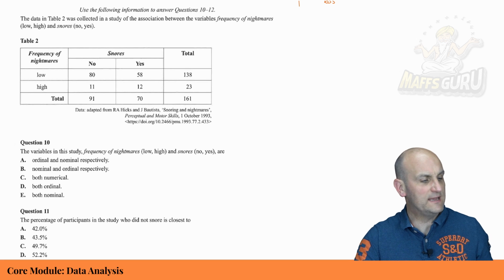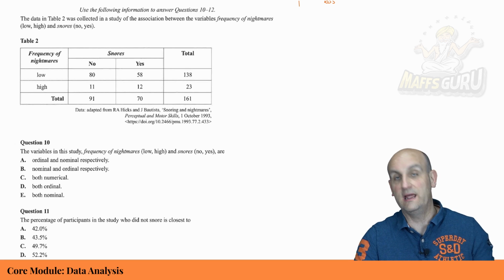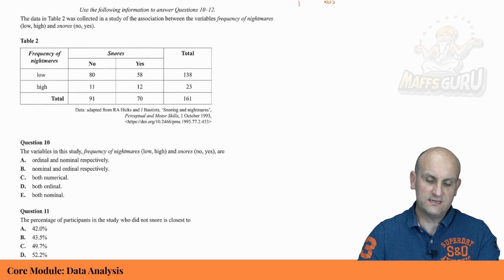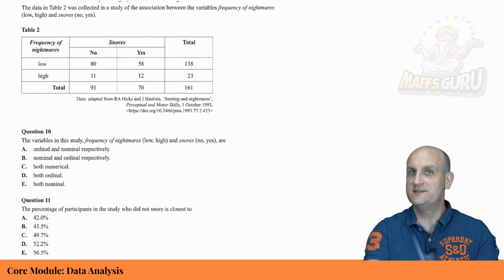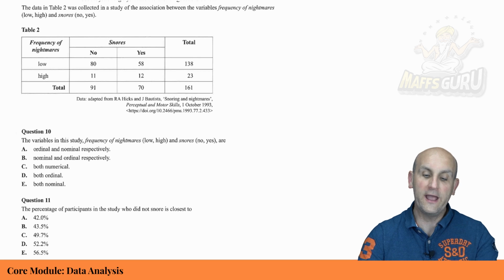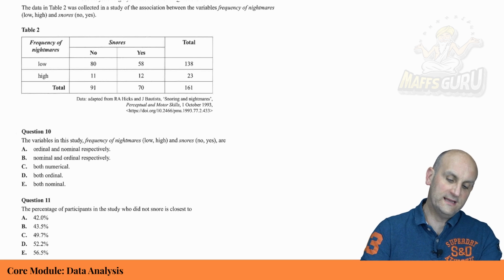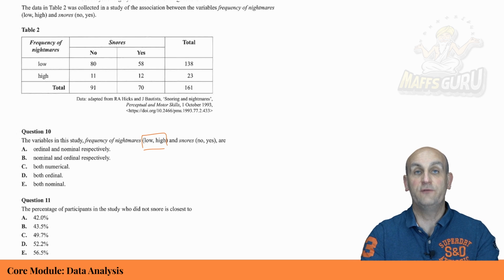Right, they're now going to give me a table, and it's looking at the idea of snores and frequency of nightmares, and basically, can you read this two-way table? The variables in this study: frequency of nightmares, low and high, and snores, no, yes. And I know there's been a huge amount of discussion about this online. Are they ordinal and nominal respectively? Nominal and ordinal, exactly right. So the thing about low and high is it does have an order.